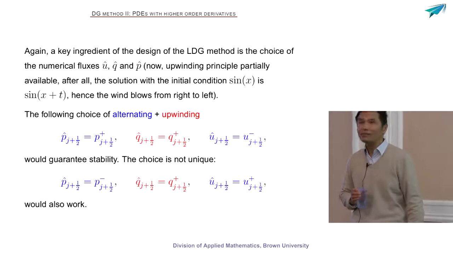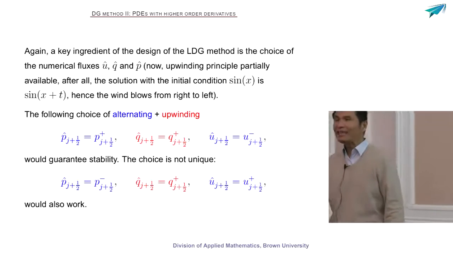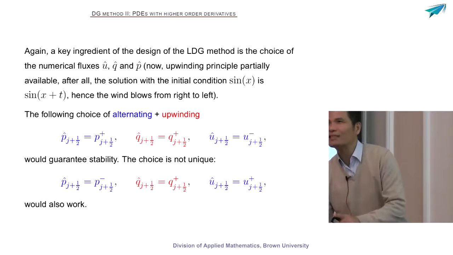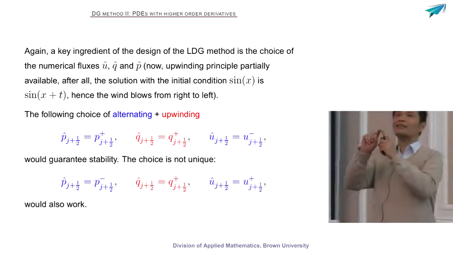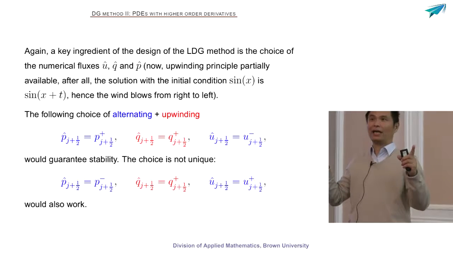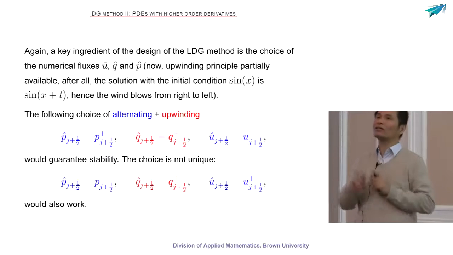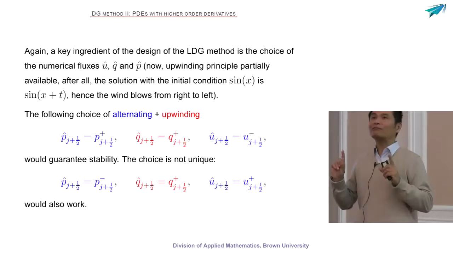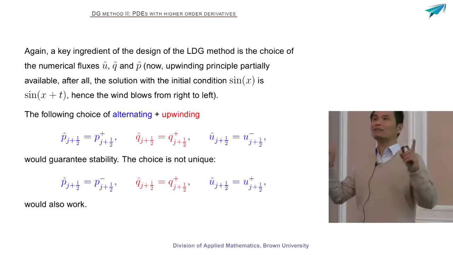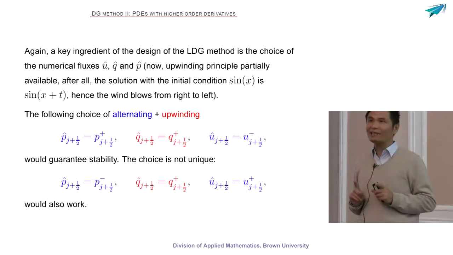Alternating is actually central in a way, because if I eliminate the intermediate variable q and write down the scheme for u only, then for the lowest order case, k equals 0, if I use alternating flux, I recover exactly the 3-point central scheme for the heat equation.